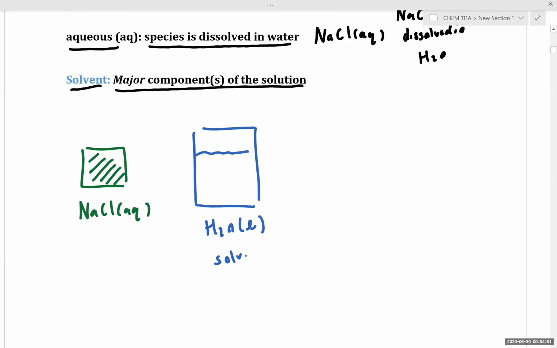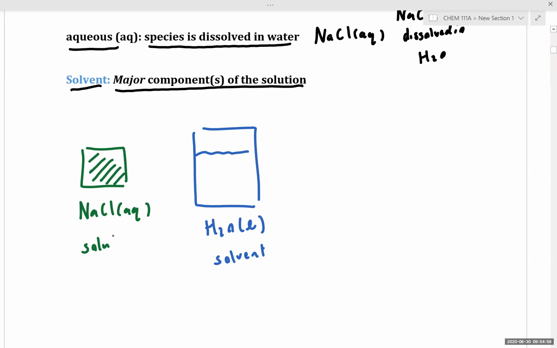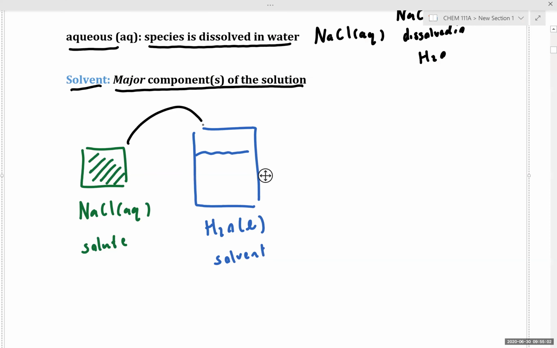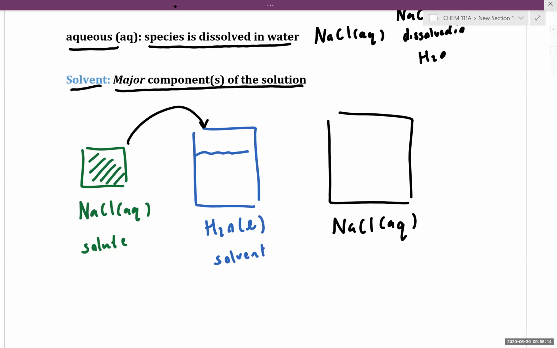So water would be our solvent, and sodium chloride would be our solute. So if we mix these together, we get a solution of aqueous sodium chloride, where we have sodium chloride dissolved in water.